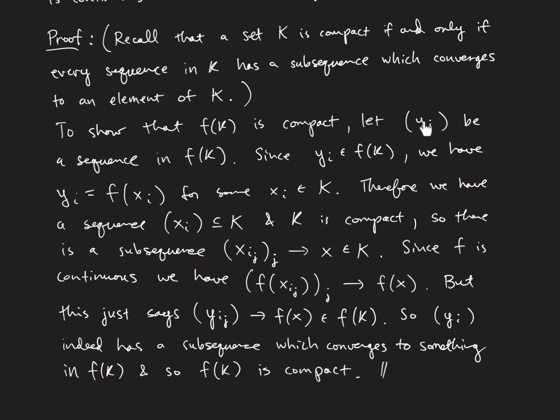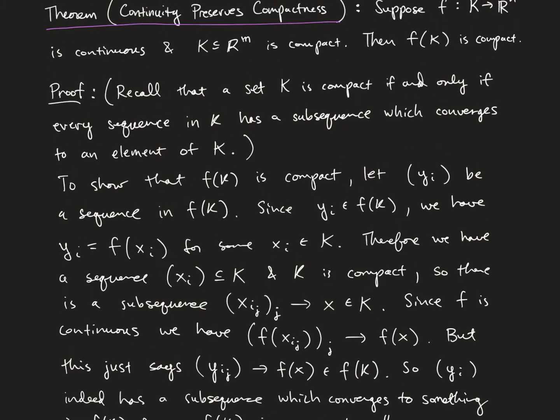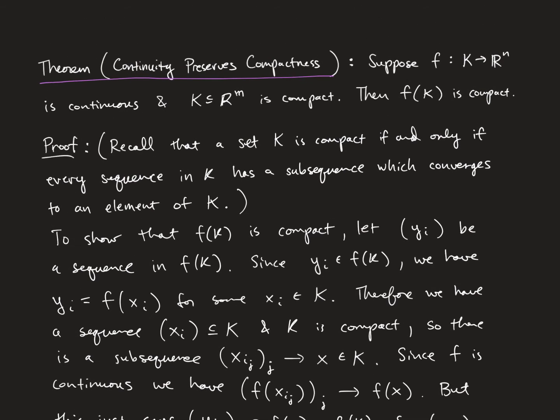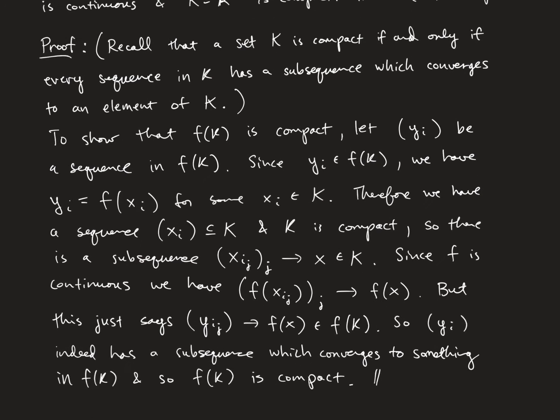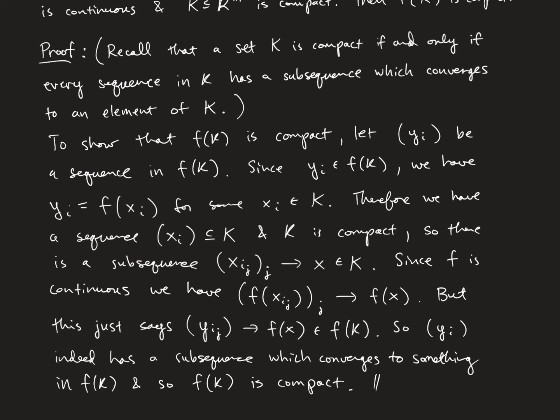You start with a sequence here, it gives you a sequence in X. You immediately get a convergent subsequence, you apply the function, and it's almost a straight line through the proof. Very natural. So the naturalness of the proof reflects the naturalness of the question. Nice and tidy result there.